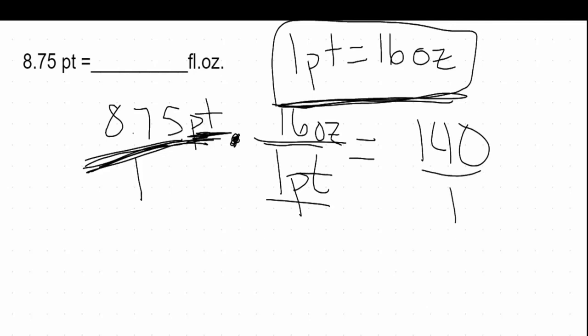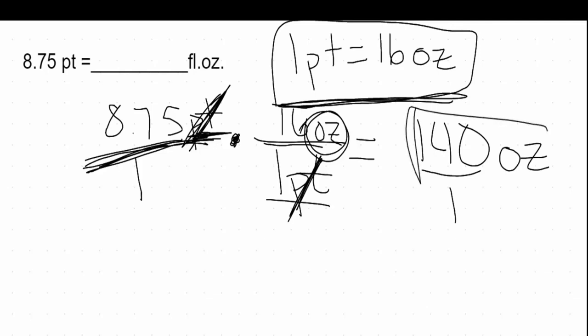But what we need to pay attention to is our units here. Remember, if we have the same thing in the numerator as we have in the denominator, it's going to cancel out. So this pint is going to cancel out with this pint, leaving us with ounces. So 140 over 1 ounces is just the same thing as 140 ounces.